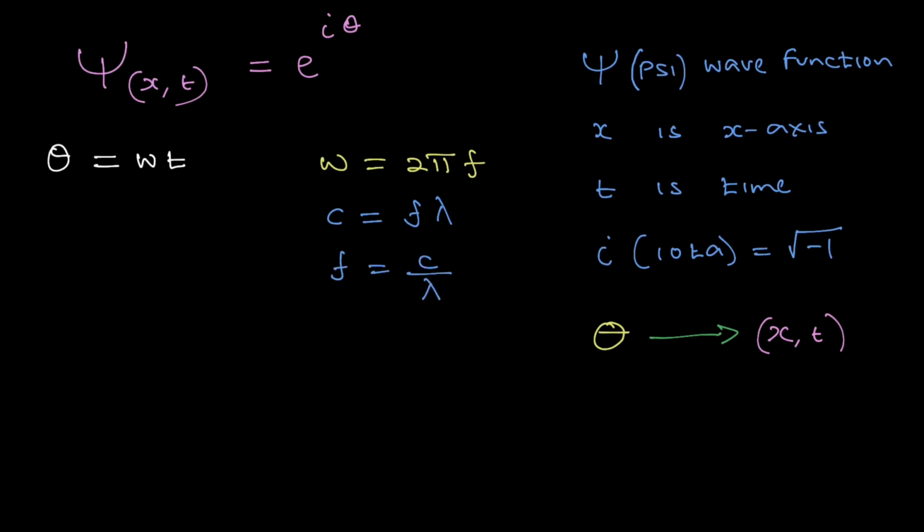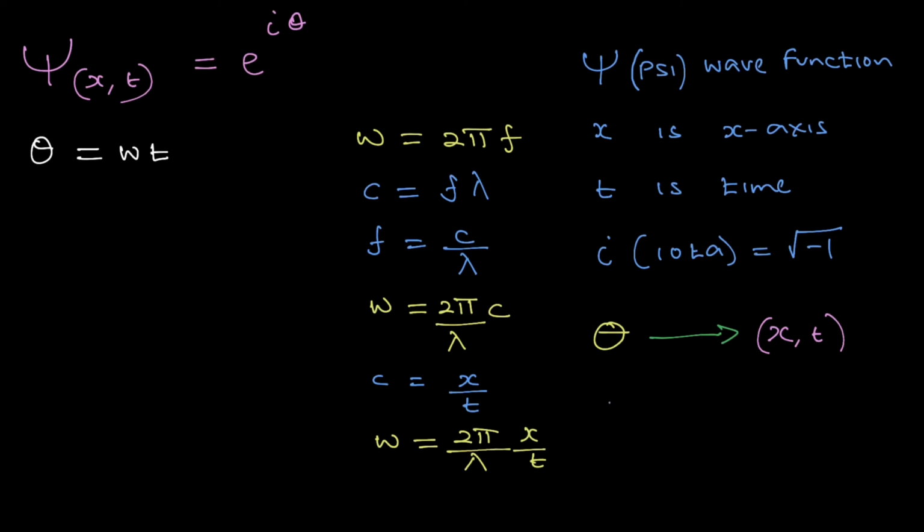If I replace f here, therefore omega equals 2 pi over lambda times c. But c equals x over t, so if I replace c with x over t, omega will be equal to 2 pi over lambda times x over t.